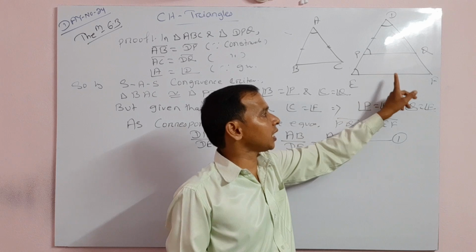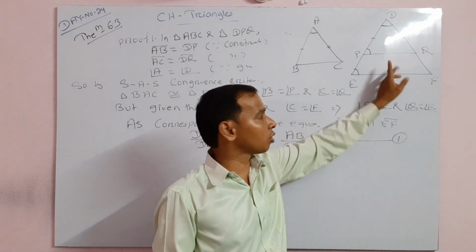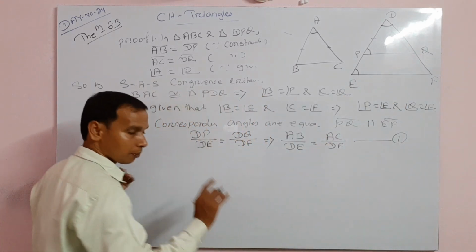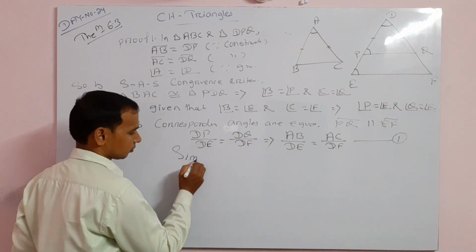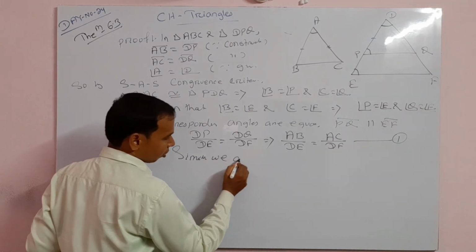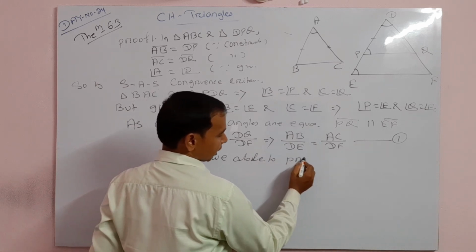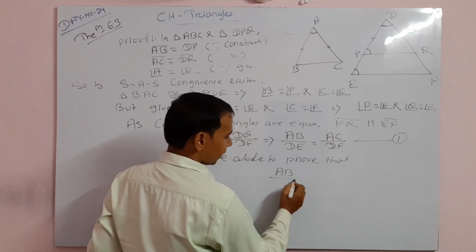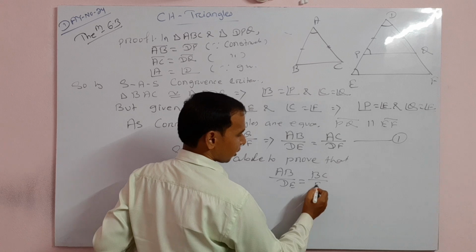So similarly, if we draw the construction here, if in place of PQ we take EF and DF, we are able to write, बस इतने के बाद you just write similarly, we are able to prove that AB by DE is equal with BC by EF.